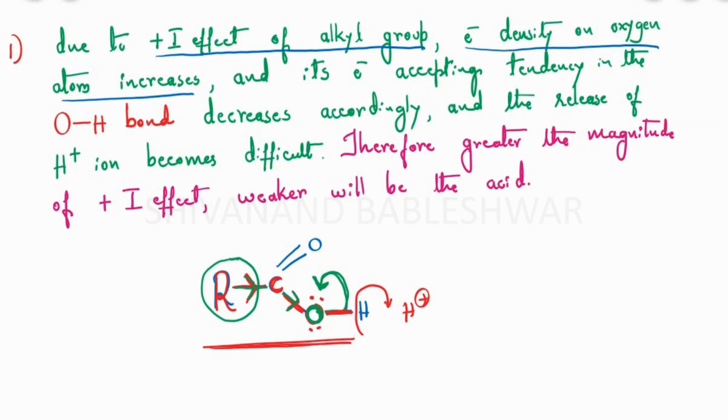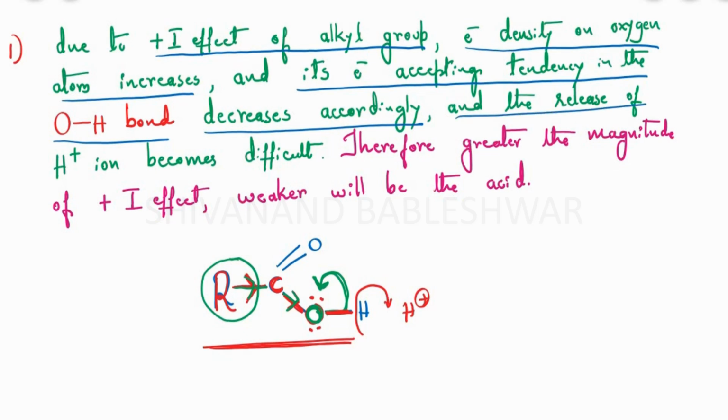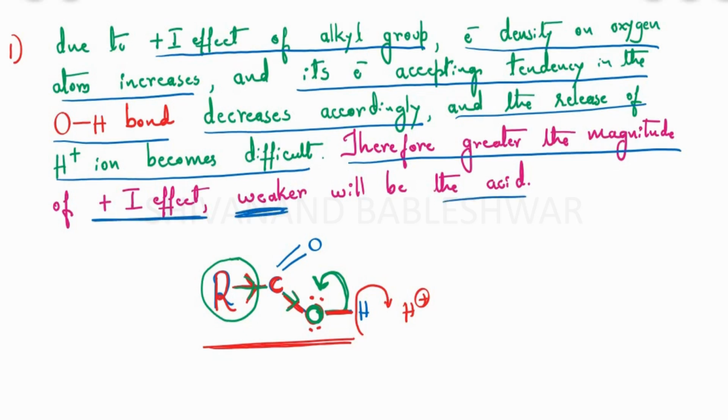I have written here, its electron accepting tendency in the OH bond decreases accordingly, and the release of the H plus ion becomes very difficult. Therefore, the greater the magnitude of plus I effect, the weaker will be the acid.